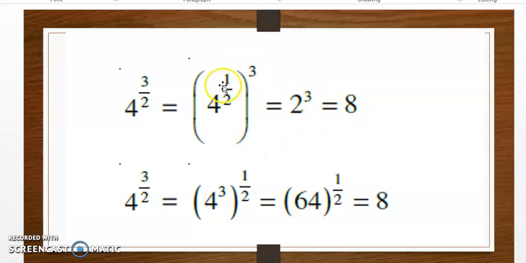Or if we change the order, we can write 4 to the power 3 by 2 as 4 power 3 into 1 by 2, which is 4 power 3 the whole raised to 1 by 2. So 4 cube is 64, and the square root of 64 is 8.